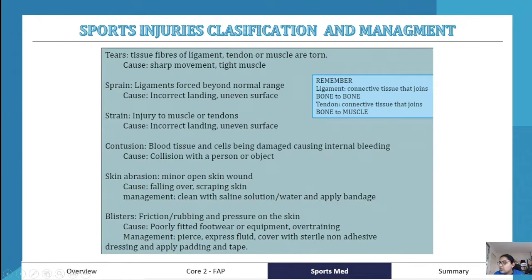Okay, moving on. Next we've got classifying each one. So we've got tears, where tissue fibers of ligaments, tendons, or muscles are torn. So let me get my pen up again.